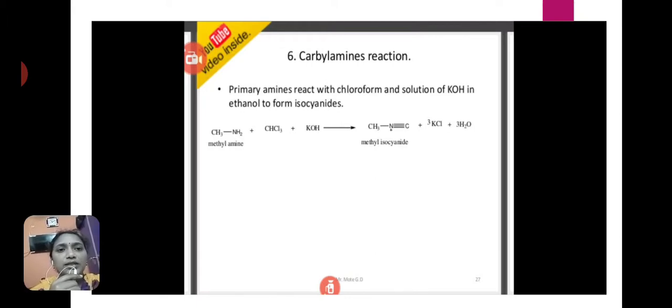Here CH3NH2 is methylamine or methanamine, plus CHCl3 chloroform, plus KOH potassium hydroxide, and form methyl isocyanide, CH3N triple bond C, plus 3 KCl plus 3 H2O. This methyl isocyanide is the product here. This reaction is called the carbylamine reaction.